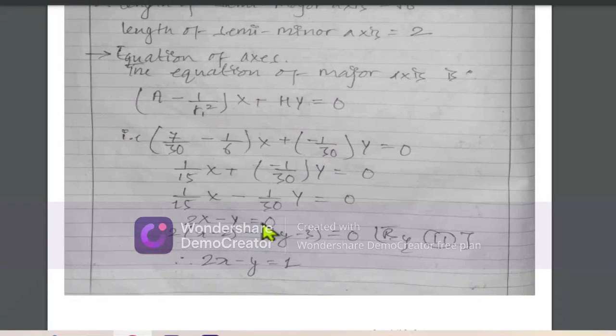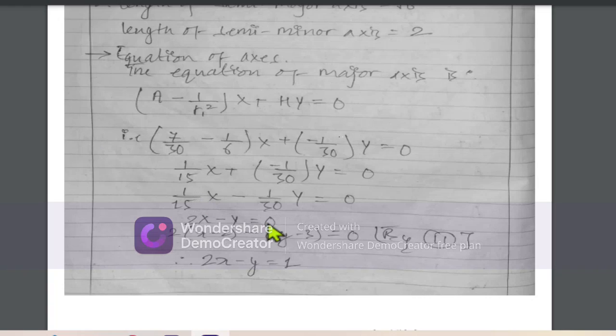Now to find the equation of the axis, first of all we have to find the major axis, that is by this formula: a minus 1 by r1 square into x plus hy equals 0. By putting the value of a and r1, we will find the equation, that is 2x minus y equals 0.